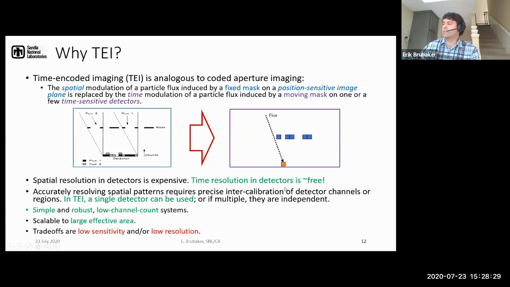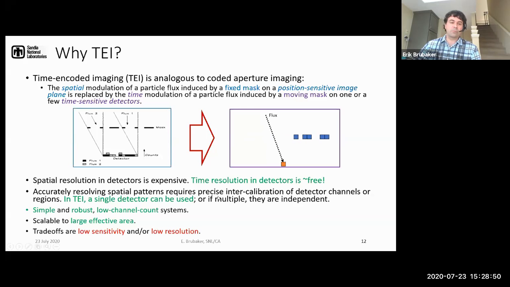modulation from the spatial domain to the time domain. And so some of the reasons that this might be a useful thing to do: time resolution in detectors, on the kind of time scales we're talking about where you can move the mask in front, is pretty much free, whereas spatial resolution means often many detectors, complex detectors, high channel counts, and so on.